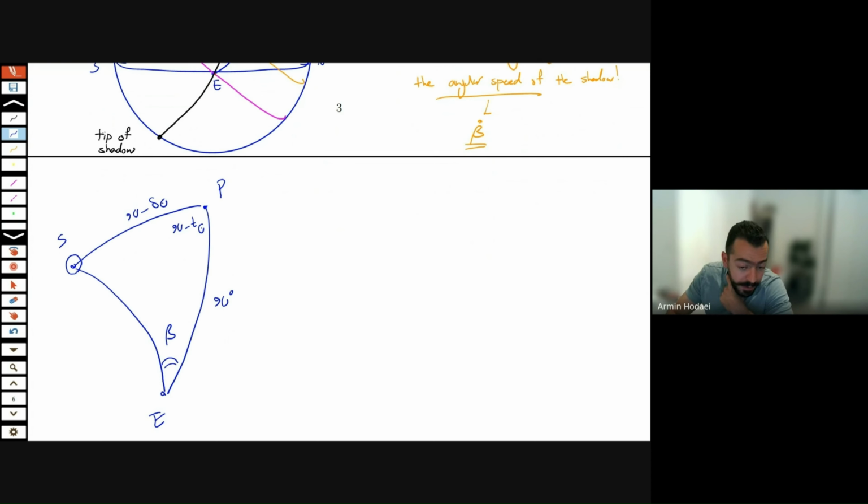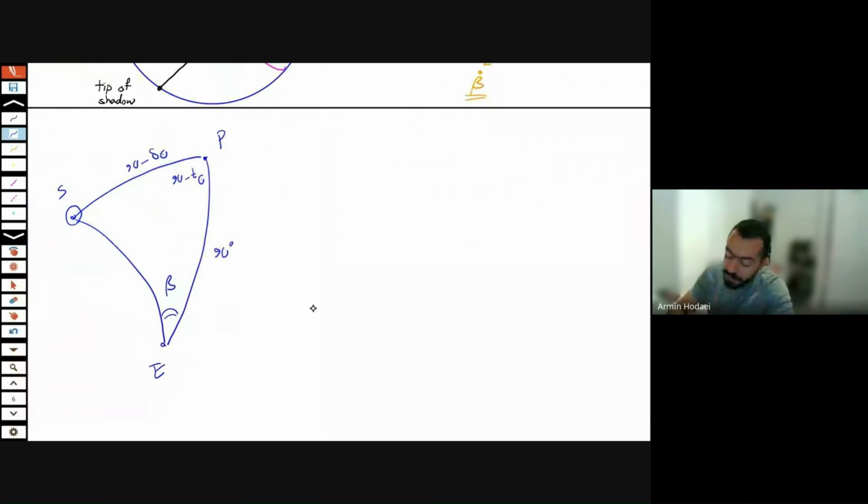So now here I'm going to use the four parts formula, right? That makes sense. If I use four parts, cosine of 90 cosine of 90 minus t is equal to sine of 90 cotan of 90 minus declination, minus sine of 90 minus t cotan of beta.